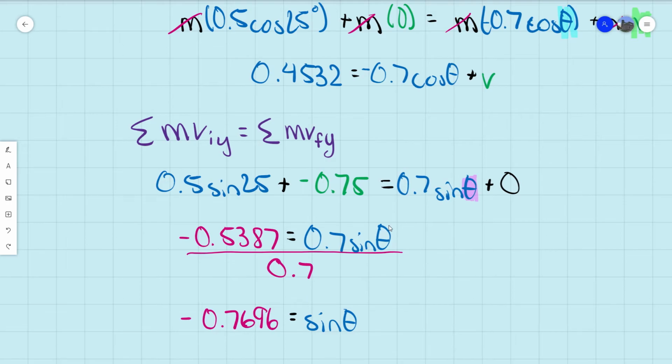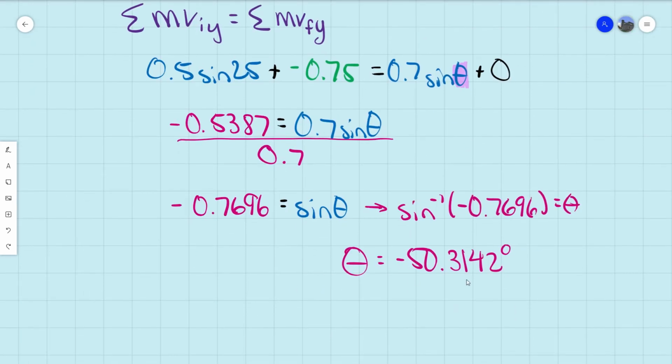Cool. So now I can just sine inverse this, and we get the sine inverse of negative 0.7696 equals theta. So theta equals negative 50.314 degrees. There you go. This is our theta.